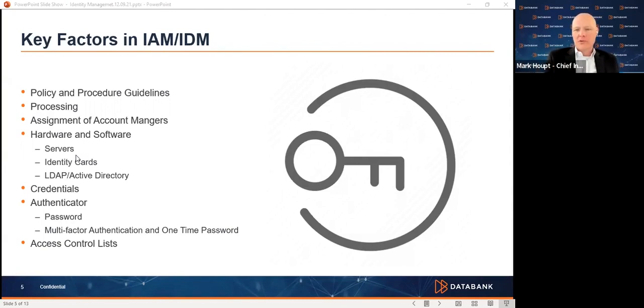And with the modern world these days, we can layer on products such as Okta or other similar types of single sign-on federated identity products on top of Active Directory that will allow those credentials to also be passed off into external cloud scenarios. So make sure that you understand your hardware and software, and you're making the right decisions as to what your directory is and what kind of additional layered on approaches you might use.